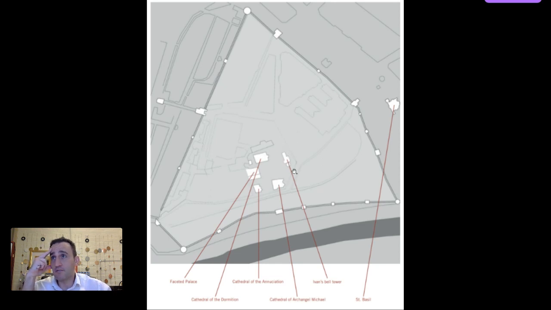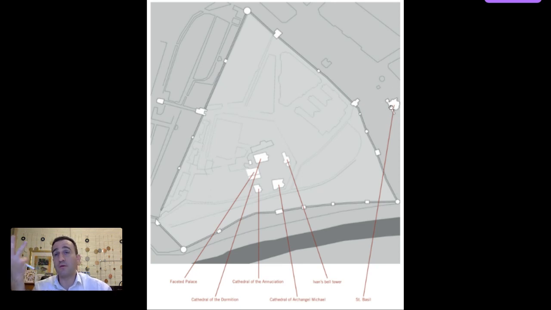Basically, these five prominent buildings, as well as other government buildings that are in prominent use today, really all happen within the walls of the Kremlin. And the one very famous building that I'm sure all of you have seen and will recognize right away, the Cathedral of St. Basil, actually happens, ironically enough, outside of the walled city of the Kremlin.